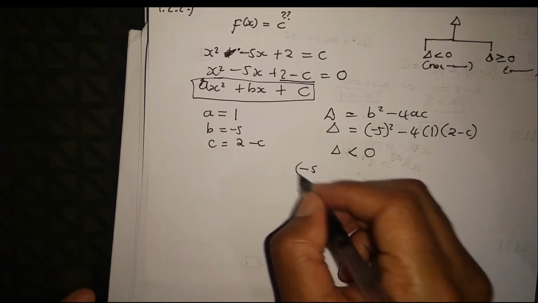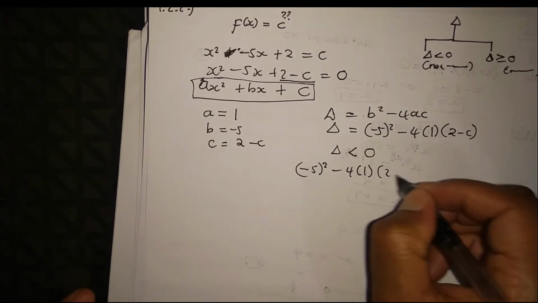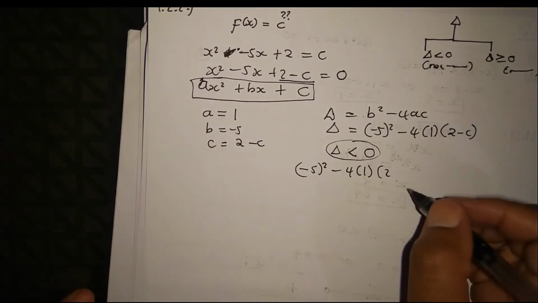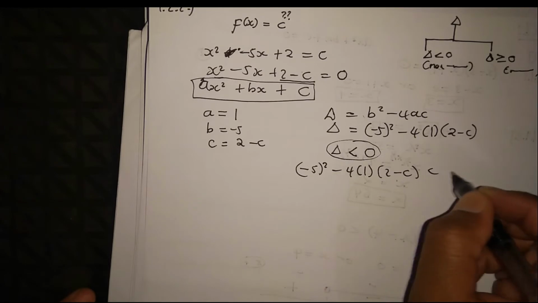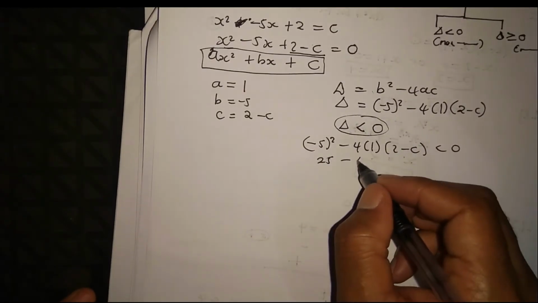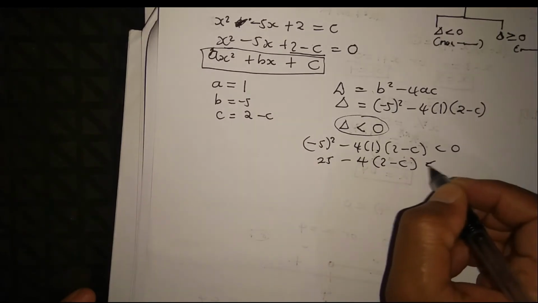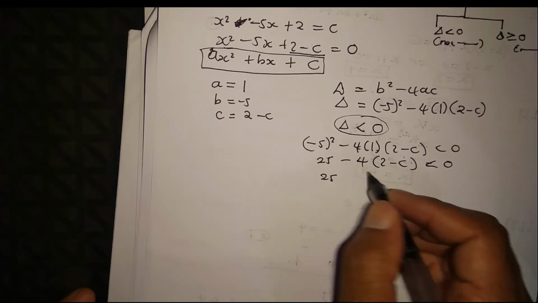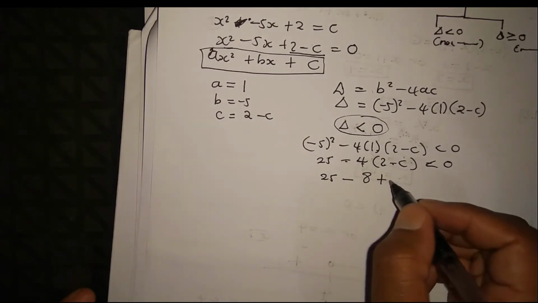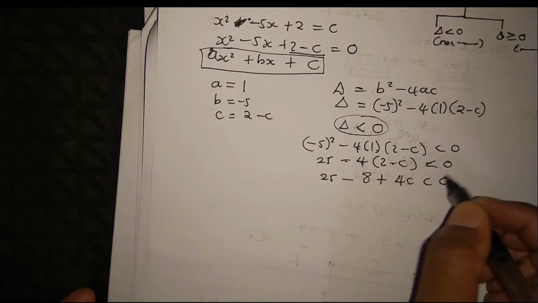So 25 minus 4 times 1 times 2 is 8, and negative times negative gives a positive, 4 times c is 4c, less than 0.